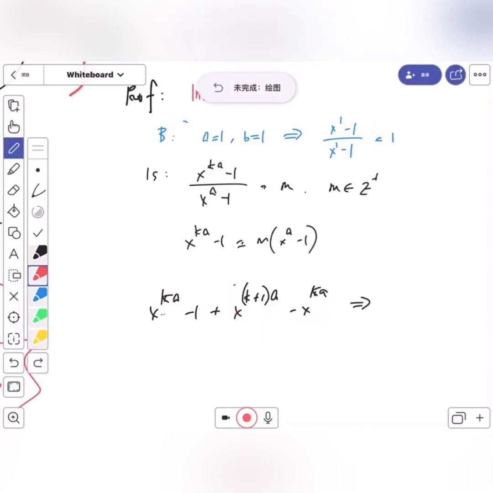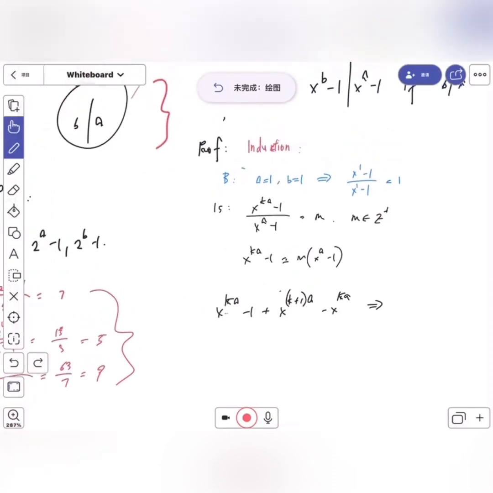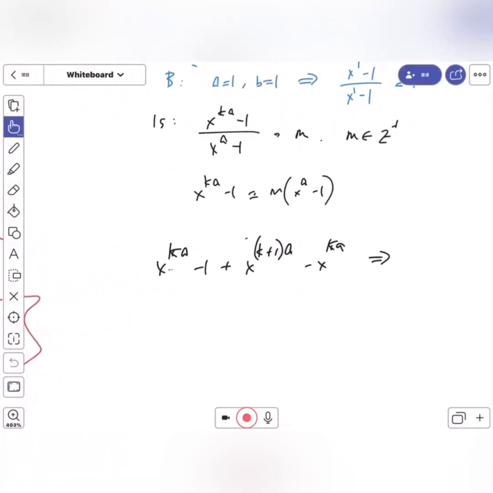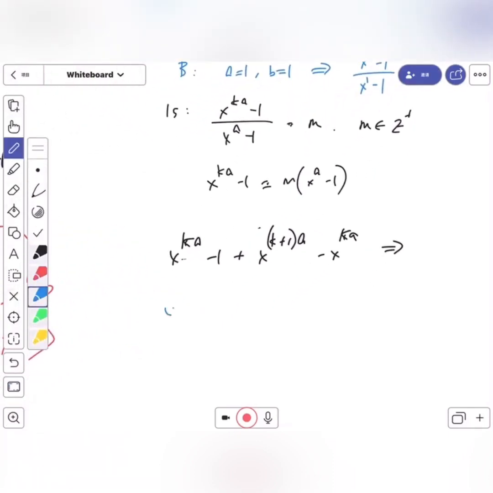And this is actually trivial to show, because x to the (k plus 1)a minus x to the ka is equal to x to the ka times x to the a minus x to the ka. Now we can just factor this term out.